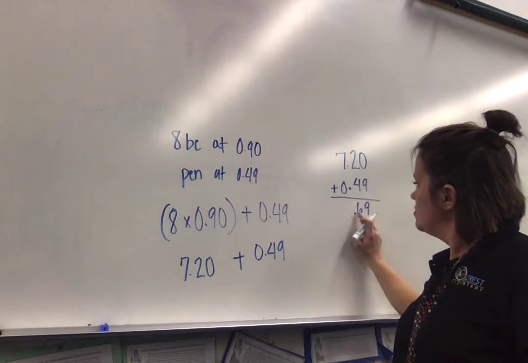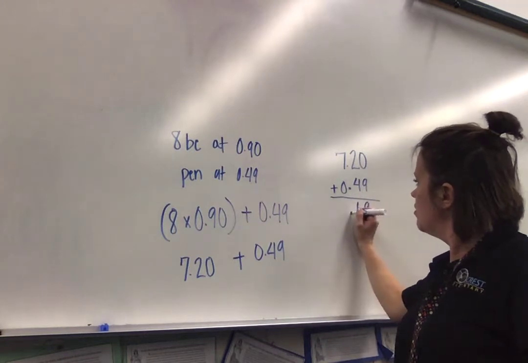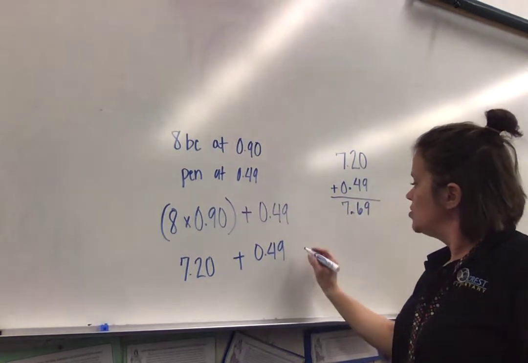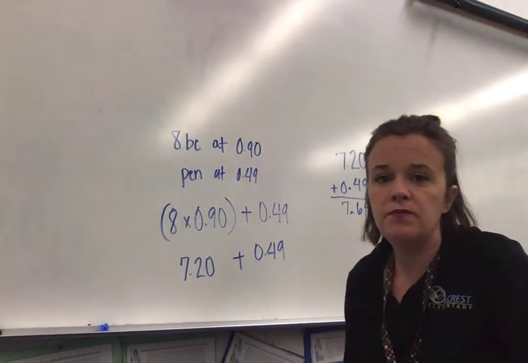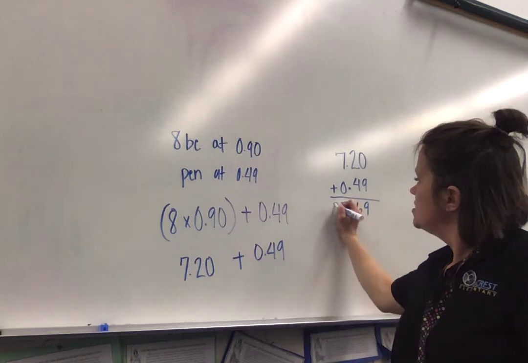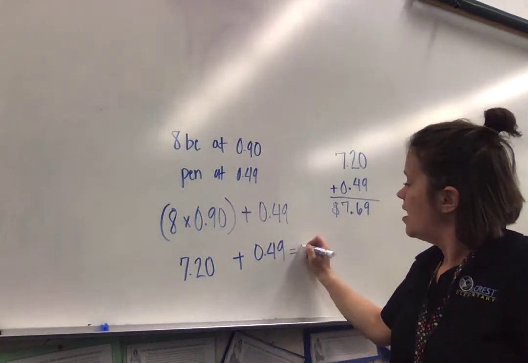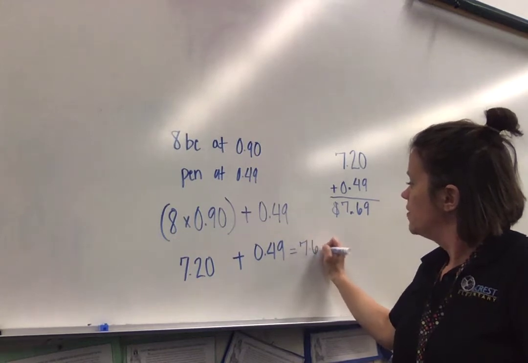Bring down my decimal. It's not perfect, but here we go. And then 7 plus 0 is 7. So all together, I know that my friend Jay paid $7.69 for his school supplies that he bought.